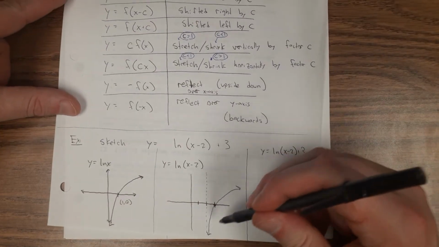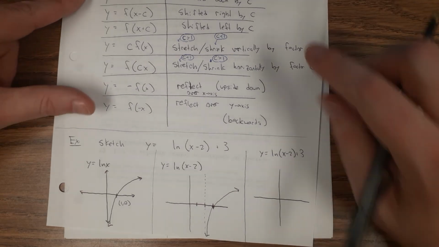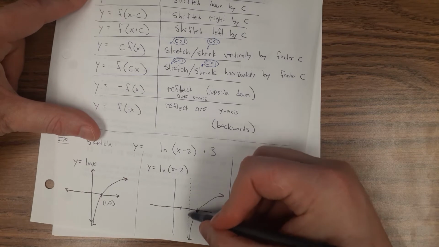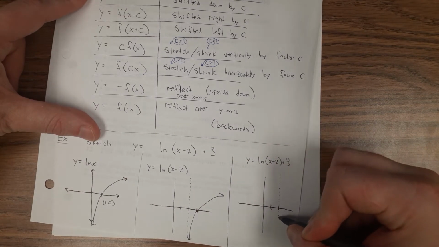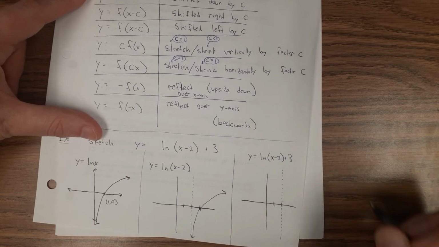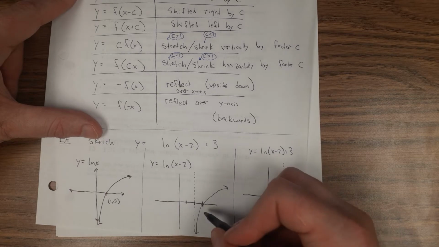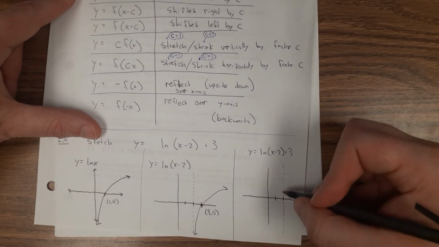So I'm going to take the graph that I just had and shift everything up 3 units. So the vertical asymptote is still right where it is. If I shift it up 3 units, it's still the same vertical line, right? This point, instead of being at 3, 0, is going to go up 3 units.